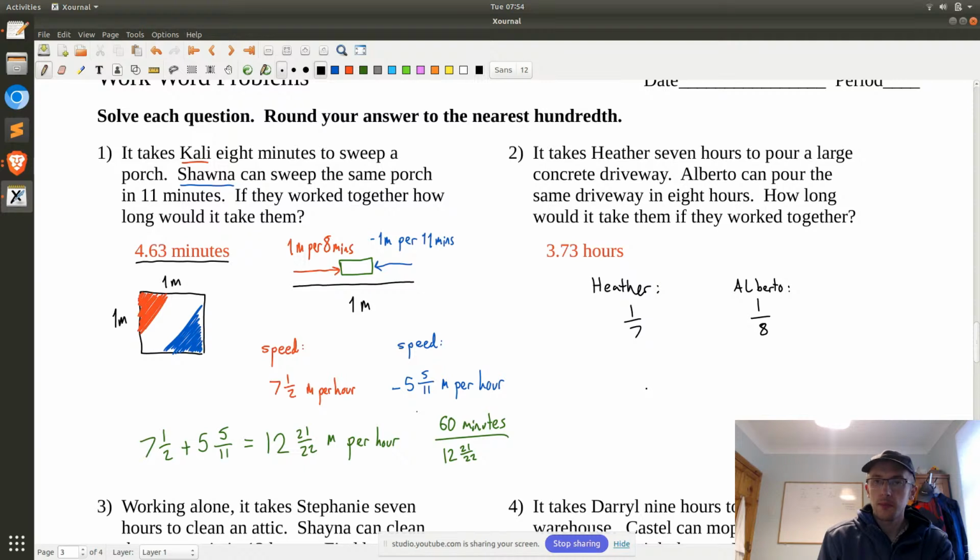So, combine forces now. How much of a concrete driveway per hour? Well, 1/7 plus 1/8, right? Common denominator, 56.